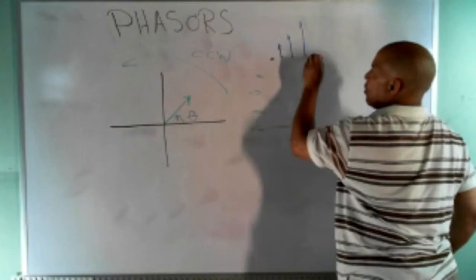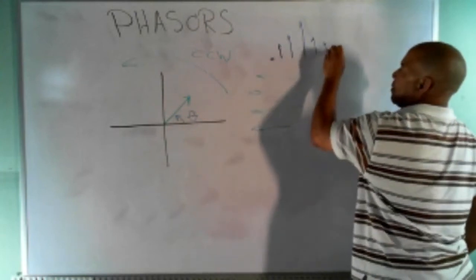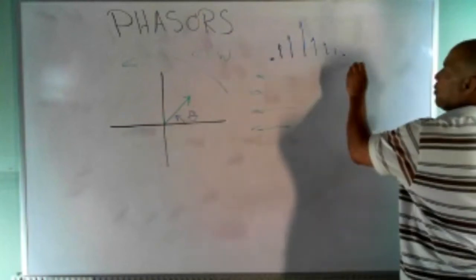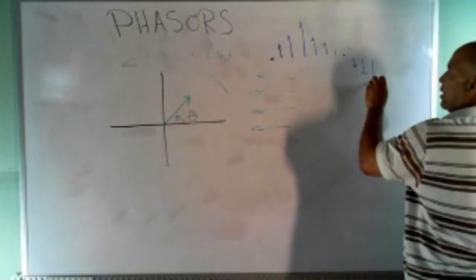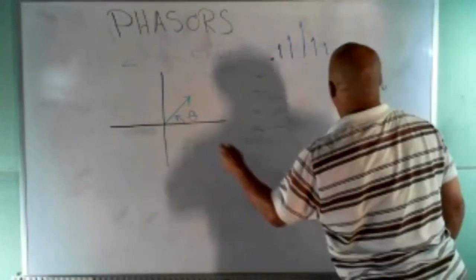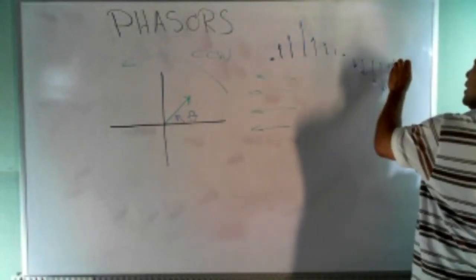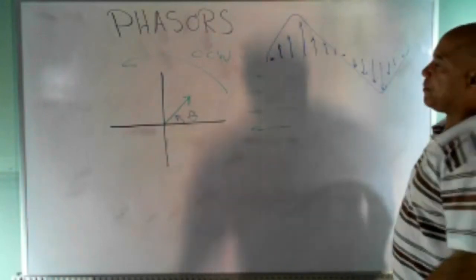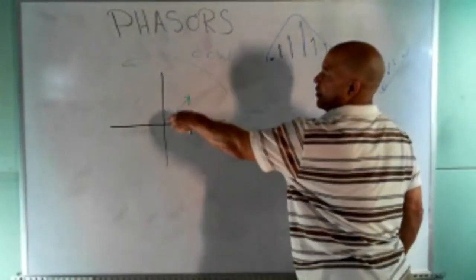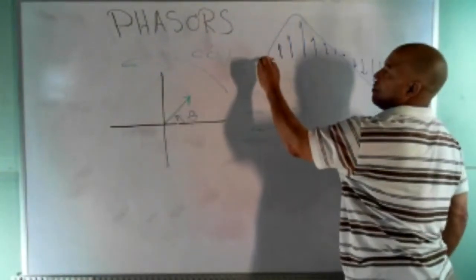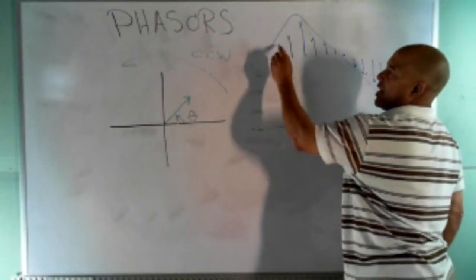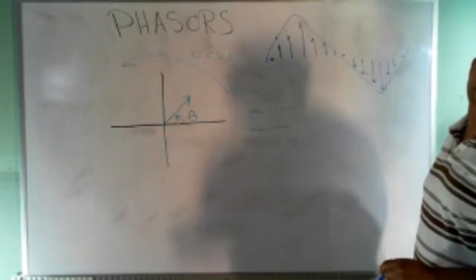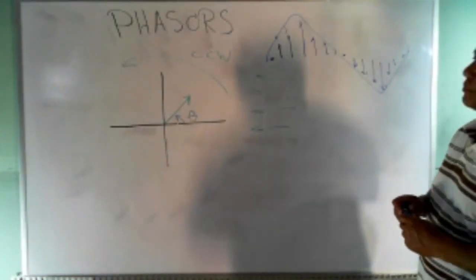In quadrant 2, the shadow got smaller until it was a dot again. When I get down here in quadrant 3, it starts to grow in the opposite direction. And in quadrant 4, it starts to shrink until I get back to a dot. And that's the sine wave. So the height of the shadow gives the instantaneous value. At this time, the instantaneous value is there. It gives you the instantaneous value at each time, the height of the shadow of the phasor.